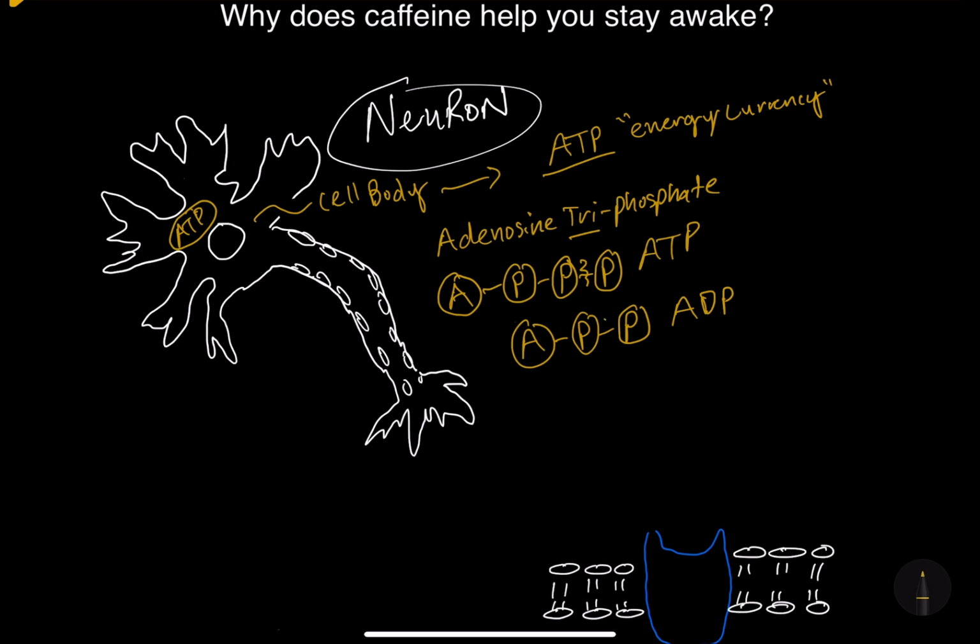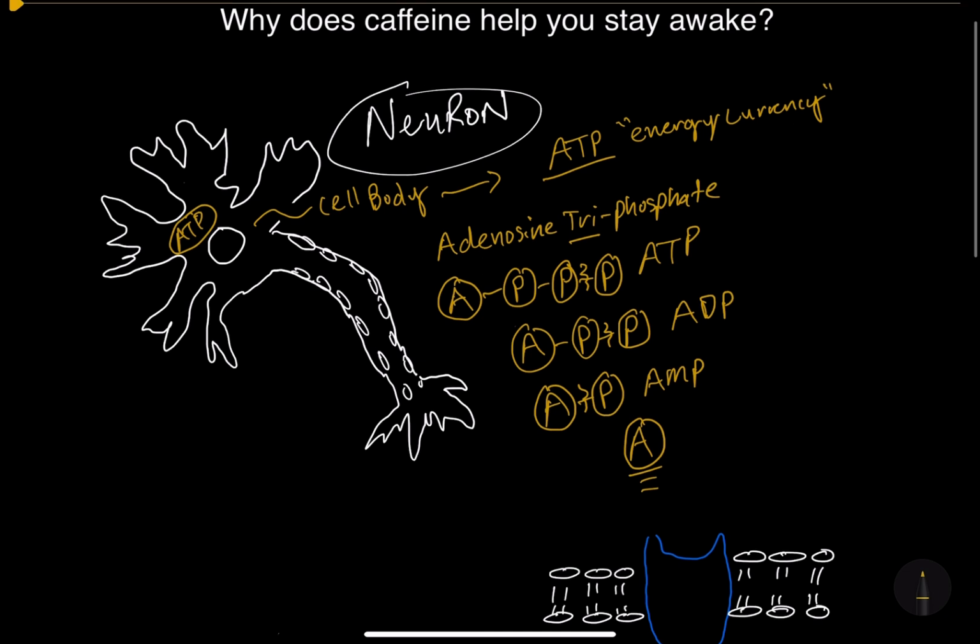Okay, subsequently, we can cleave this phosphate bond, which happens in every cell in the body, and then we're left with AMP, adenosine monophosphate. And then at the very end, if we cleave this bond, all of these cleavages of these phosphate bonds release energy. At the end of the day, we're left with adenosine, right?